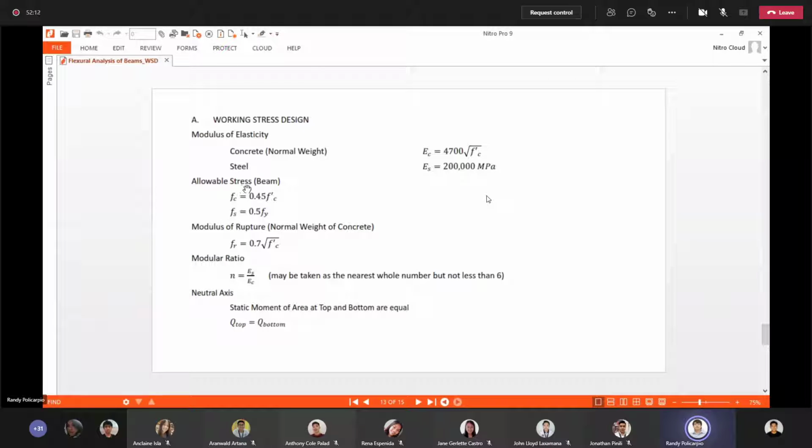The allowable stresses for our beam in concrete, we have 0.45 F prime C, and our Fs is 0.5 Fy. So ito yung ating mga allowable.